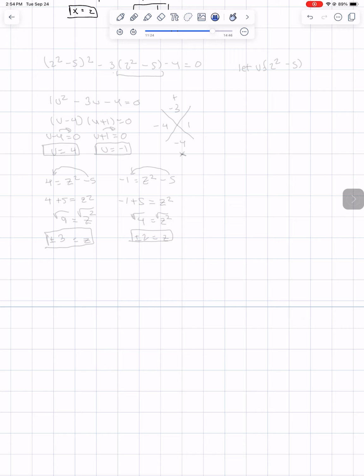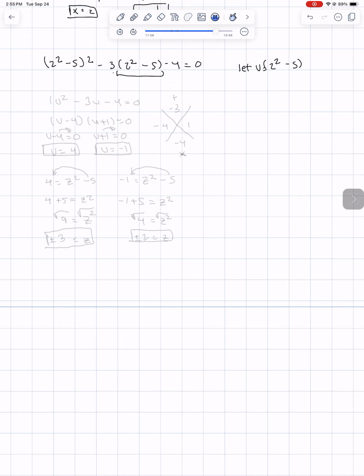So we'll do z squared minus 5 squared minus 3 z squared minus 5 minus 4 equals 0. So the same thing, we let u equal our b variable, which our b variable here is the z squared minus 5. So we have to use that. So let u equal this.